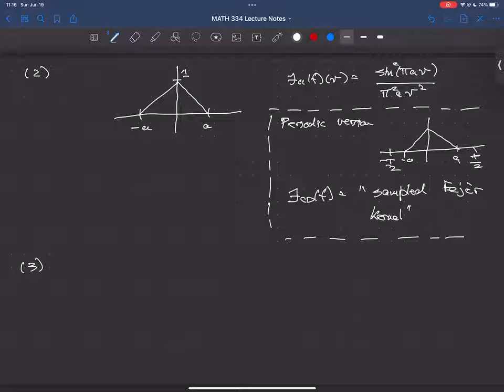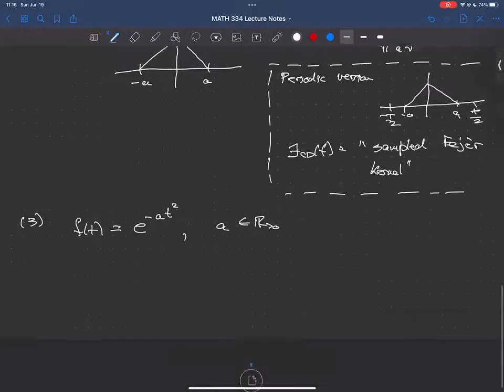All right, so we're going to take f of t to be a Gaussian function, like so. Okay, so a here is a positive real number. Although you can take it to be a complex number with positive real part, but for simplicity, let's just do this.